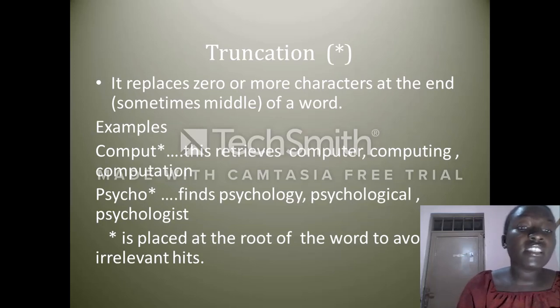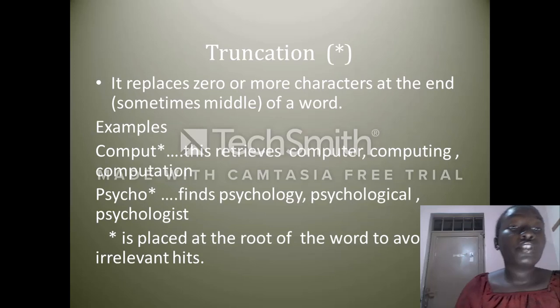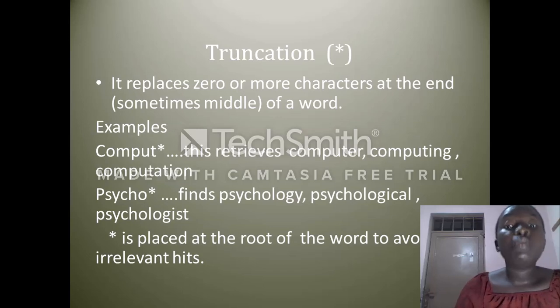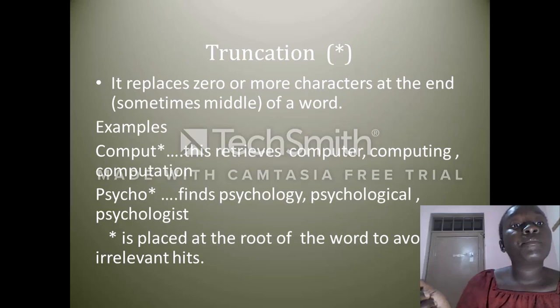The second example is psycho. Maybe it will give us psychology, psychological, psychologist or something like that, because the star is at the end. So that very star or asterisk is placed at the root of the word to avoid irrelevant hits.